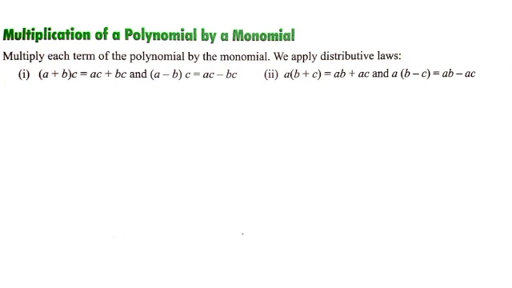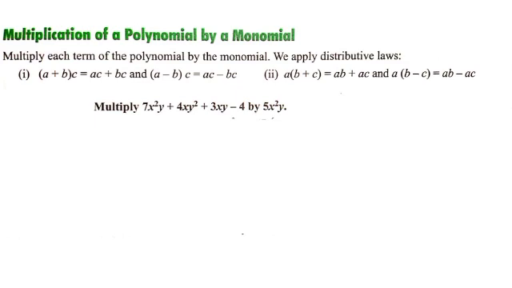We apply the distributive law: (a + b) × c is equal to a × c + b × c, and (a - b) × c is equal to ac - bc, or a × (b + c) is equal to ab + ac, and a × (b - c) is equal to ab - ac, because the term outside the bracket in multiplication belongs to each and every term inside the bracket.